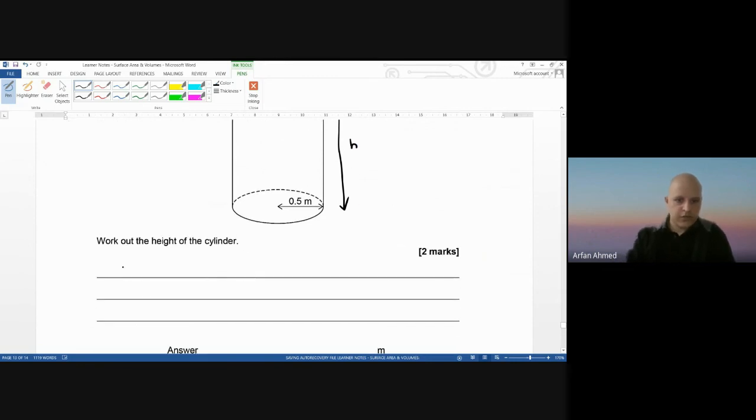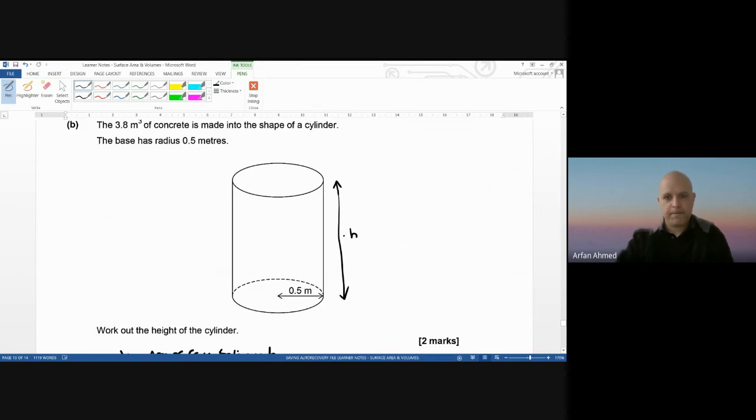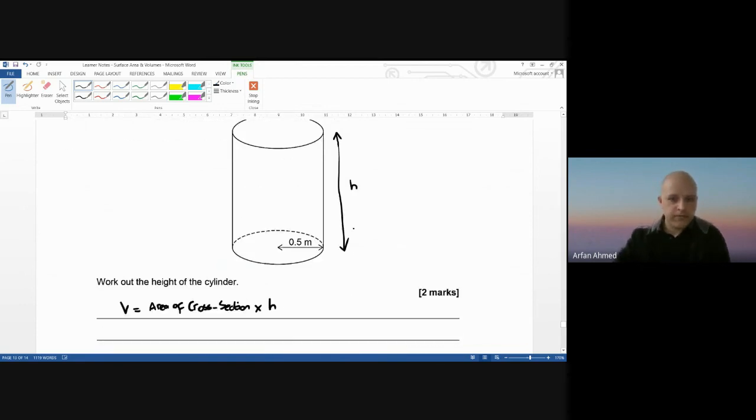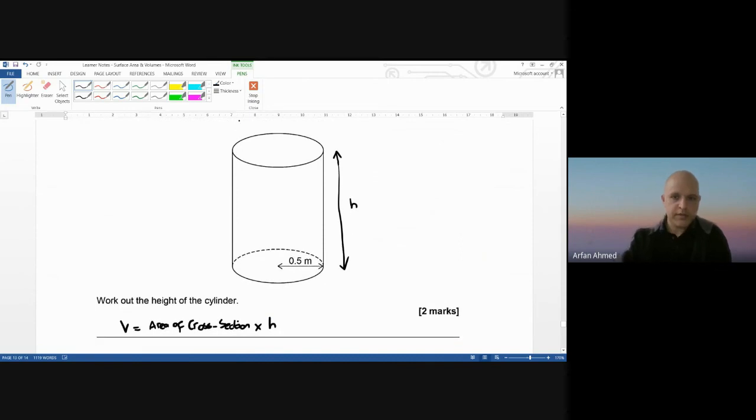So what's the formula? Volume is area of the cross-section, which we'll look at in a minute, times the height in this case. Well, the area of the cross-section is technically that bit there.